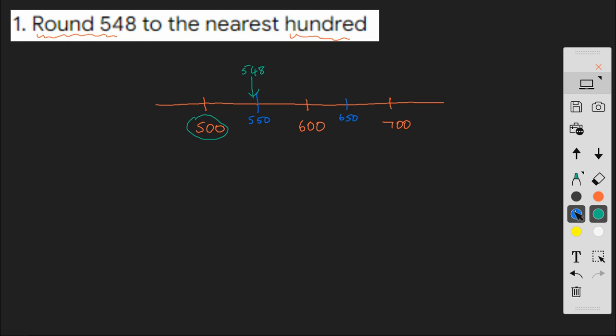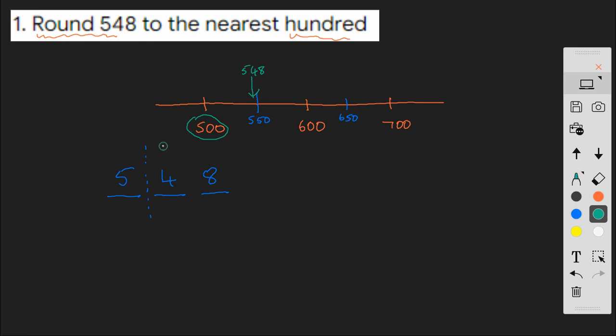Let's have a think about how we might do that without using the number line. So there's our hundreds, tens and ones column, and we're being asked to round at this point here after the hundreds column.